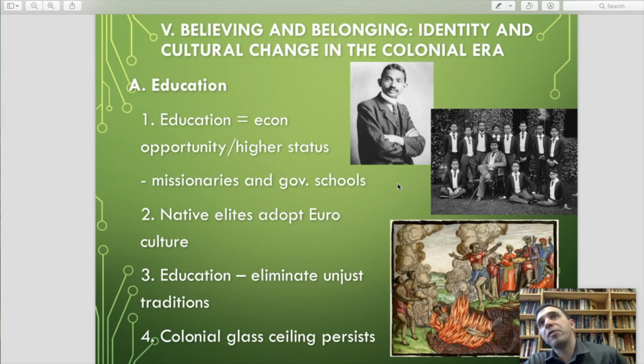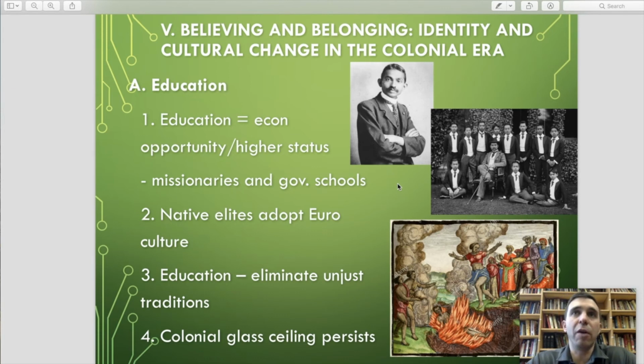And so oftentimes education was shared in two different forms. The first one being through missionary work. So we said that one of the justifications for conquering areas like Africa or in Asia was the aspect of bringing Christianity from the European/Western perspective. So a lot of missionaries would head into these areas and provide some basic forms of education along with the spreading of their religion.